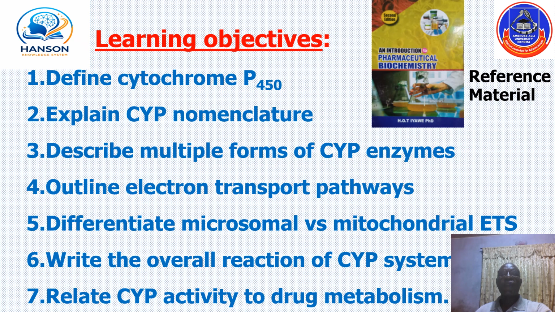We are going to define cytochrome P450, explain cytochrome P450 nomenclature, describe multiple forms of cytochrome P450, outline electron transport pathways in the cytochrome P450, differentiate microsomal and mitochondrial electron transport system of the cytochrome P450, write the overall reaction of cytochrome P450, and then relate the system activity to drug metabolism.